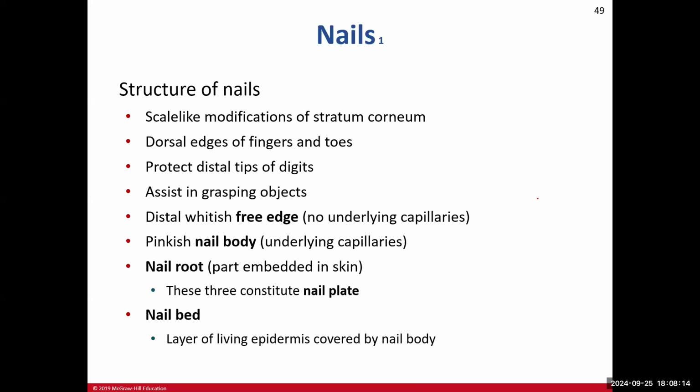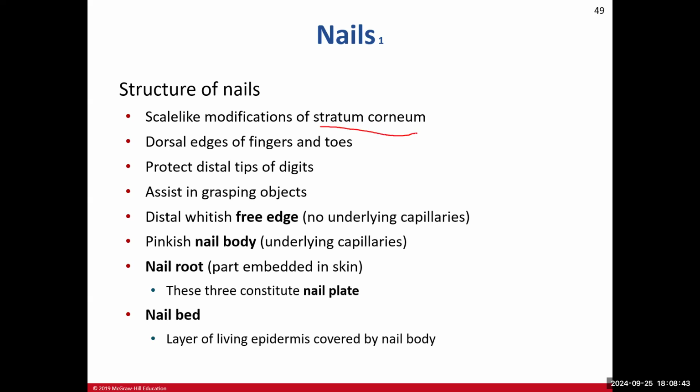So again, nails aren't terribly exciting structures, but I'm going to go through a couple things with you when we're talking about the nails. And so I'm going to be doing a lot of back and forth. And what I mean by that is I'm going to be flipping from this slide to an actual picture of a nail. But one of my favorite items that you will learn here from nails is they actually come from the stratum corneum.